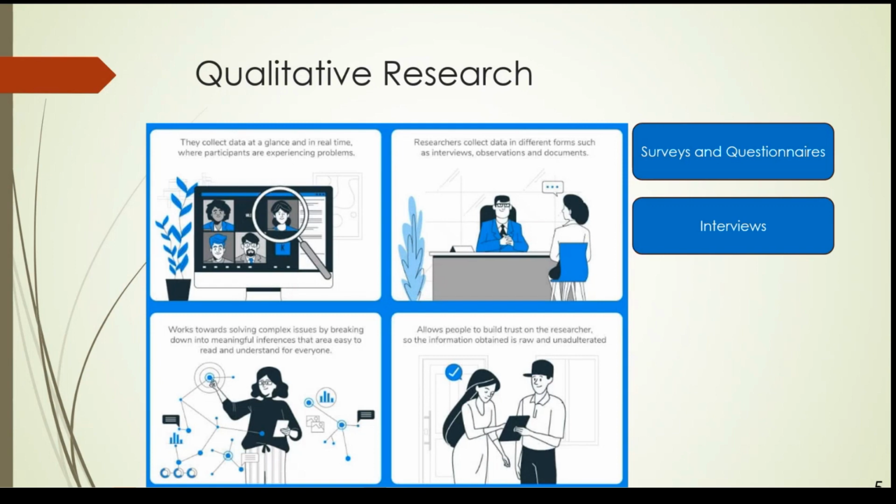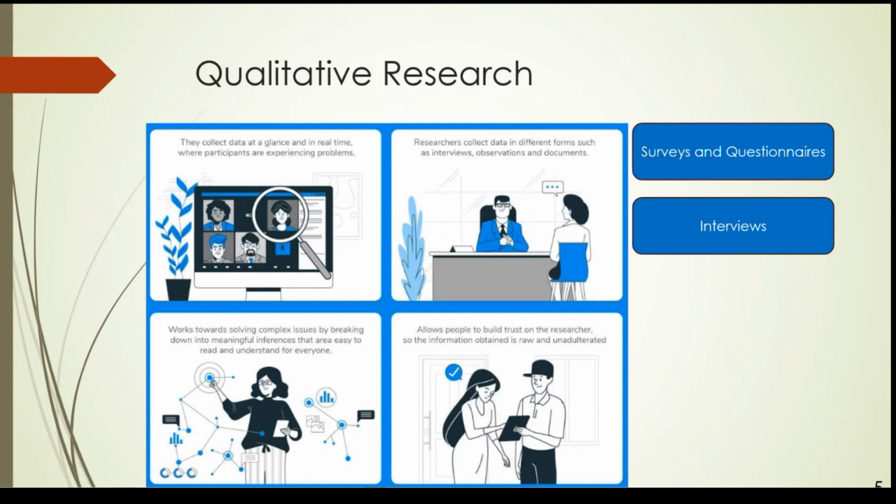So qualitative research is done by collecting data at a glance, in real time, from participants who are experiencing the problem. The data can be collected in more than one form. Maybe talking directly through interview. It can be a formal or informal interview.